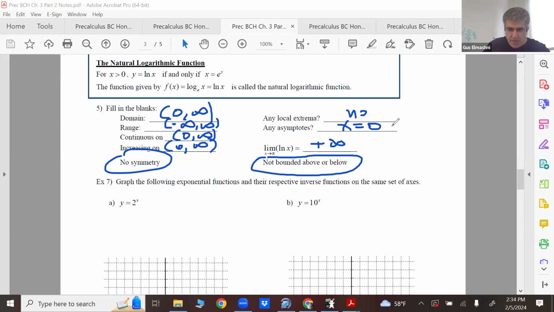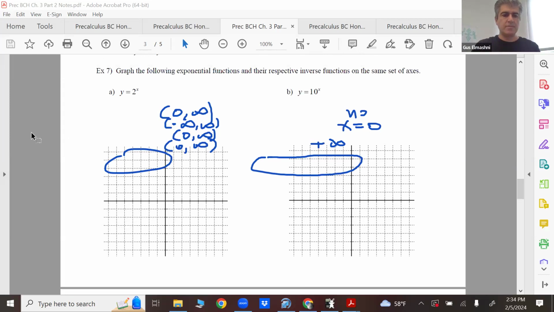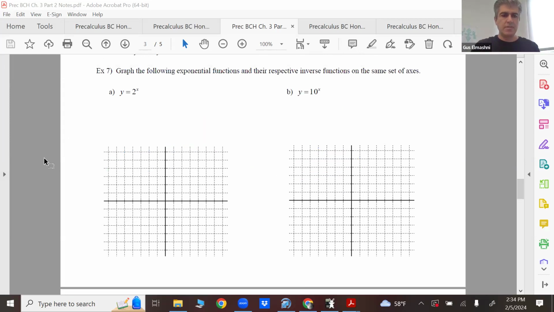So graph the following and the respective inverse function on the same set of axes. Let's do this right now. And then their inverses.